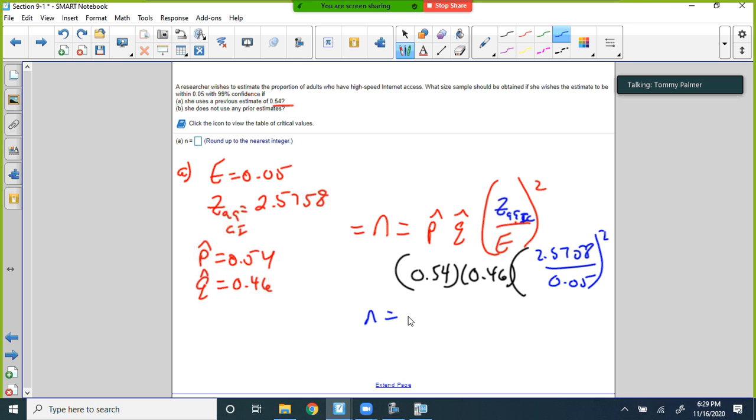I don't know, because I calculated it, but I wrote it down, I didn't do it. 0.54 times 0.46 times 2.5758 over 0.05 squared.